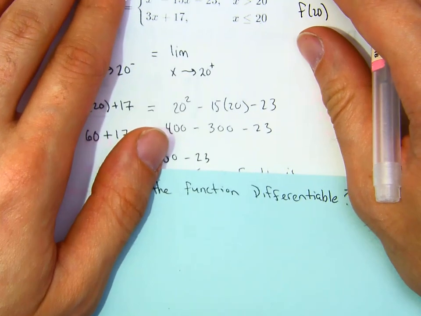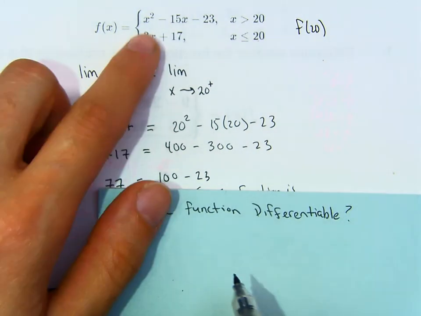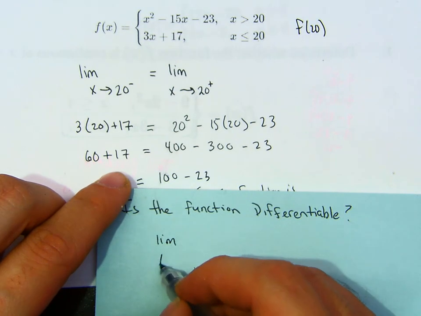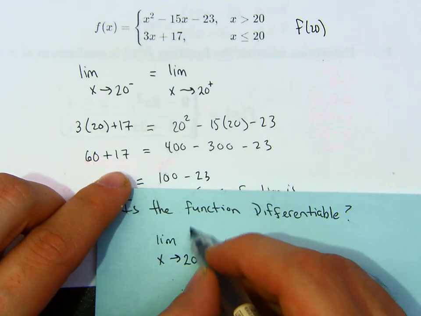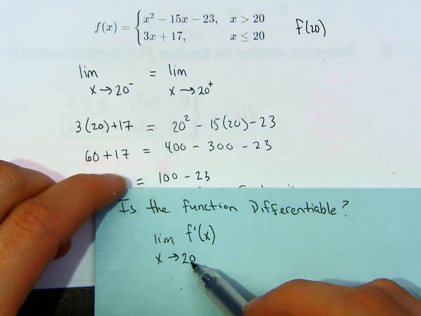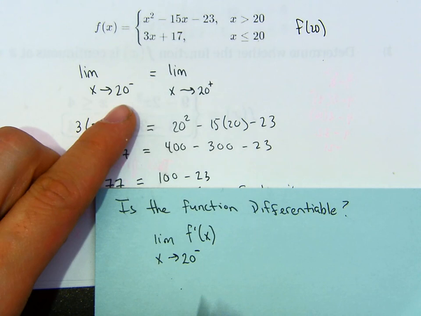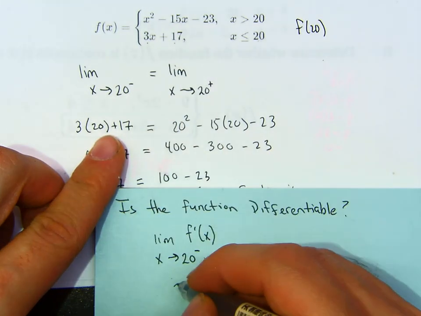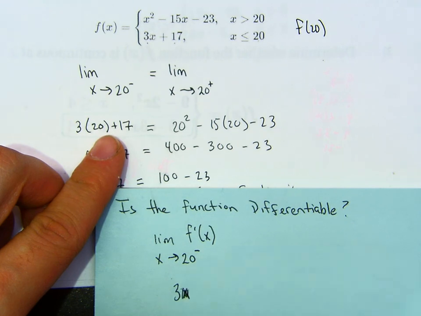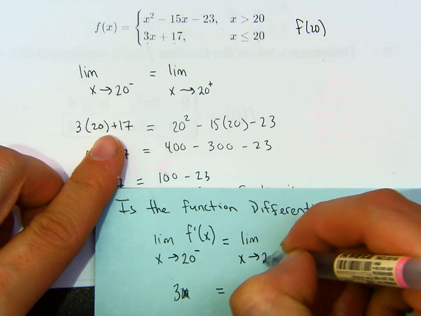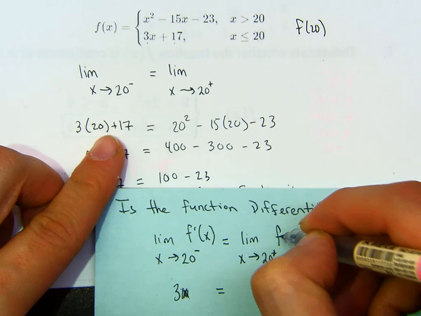So the idea for differentiability is, what is the derivative of the top? You see, so if I have the limit as x approaches 20 of f prime of x. Well, as you approach it from the left, right, you're using which function? You're using this one. Well, what's the derivative of 3x plus 17? It's just 3. Okay? Now, is it equal to the limit as x approaches 20 from the right of f prime of x?